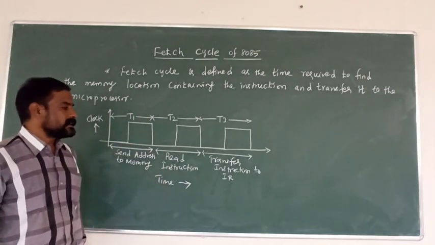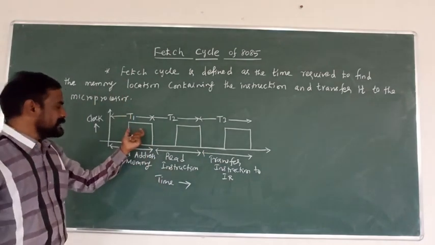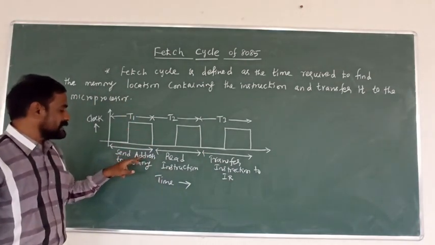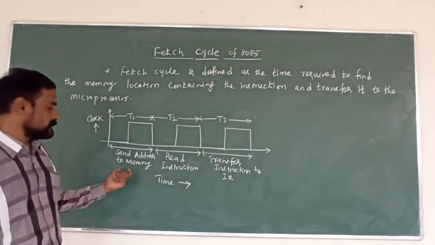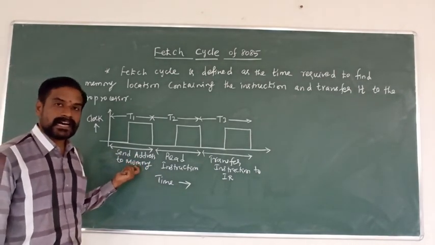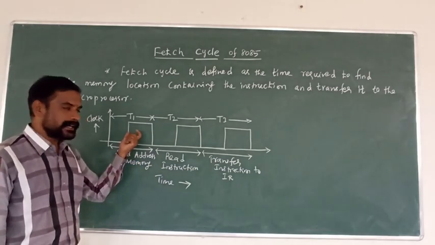It requires 3 T states. In the first T state, send the address to the memory. It will find the address of the instruction in T1.